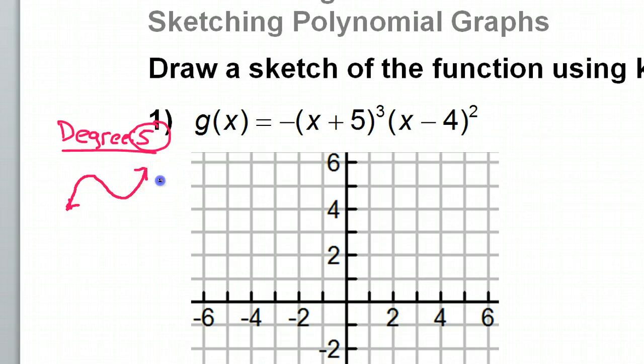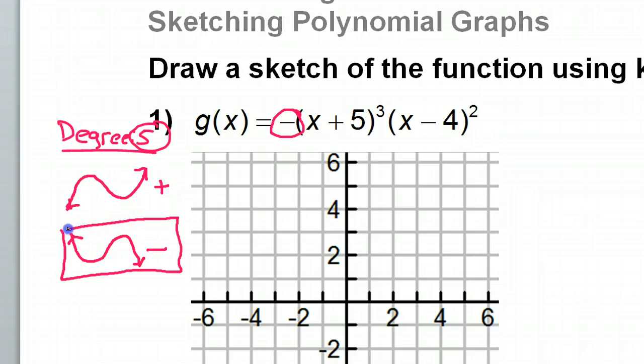If it's positive, it'll be like this, sort of like a capital N. If it's negative, it'll be like this, like an upside down N. When I say positive and negative, I'm talking about the leading coefficient. So see here, the leading coefficient is negative. So that tells me that we're dealing with this version of end behavior, like an upside down N.